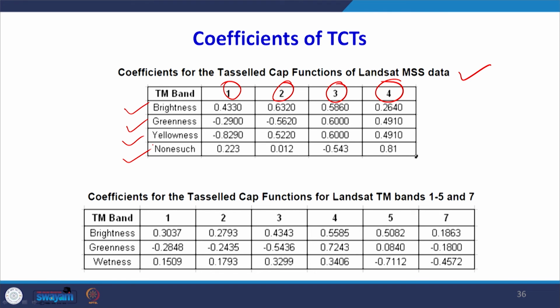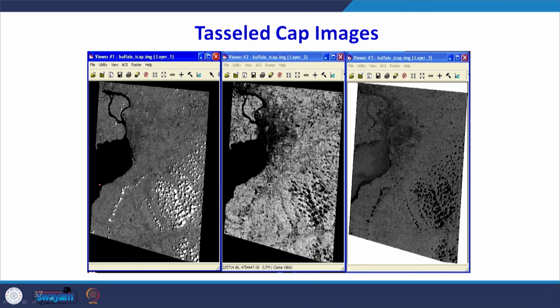So I am multiplying the first coefficient by the DN, plus the second coefficient times the DN, like that in 4-band data. Similarly, these are the coefficient values for the Thematic Mapper data, where from 7 bands, with 7 values in 7 columns, I can create brightness, greenness and wetness indexes.